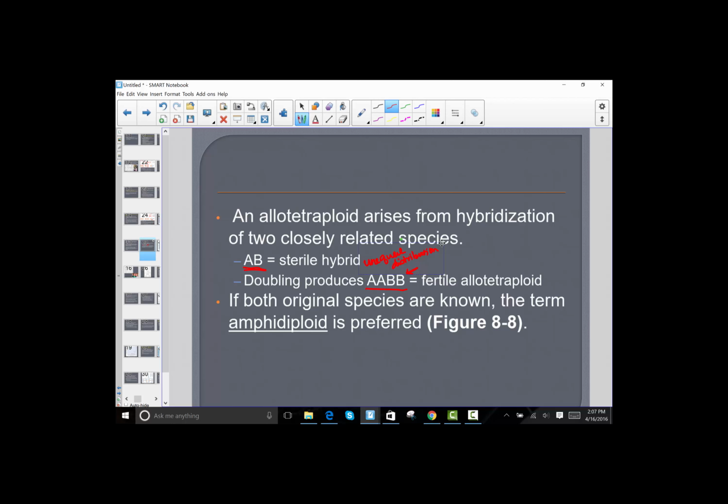So if both of our original species are known, the term amphidiploid is preferred.